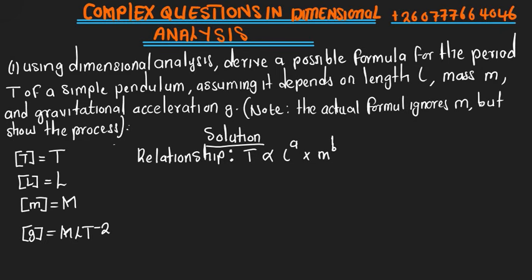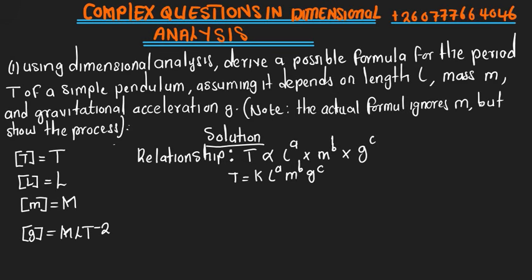Then I introduce a power B, multiplied by the gravitational field force, then I'm going to introduce a power C. From here, if we introduce the equal sign, then we introduce a constant here. Then this becomes L to the power A, then m to the power B, then g to the power C.